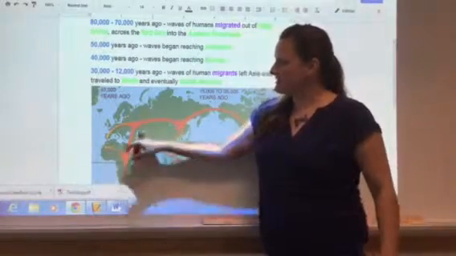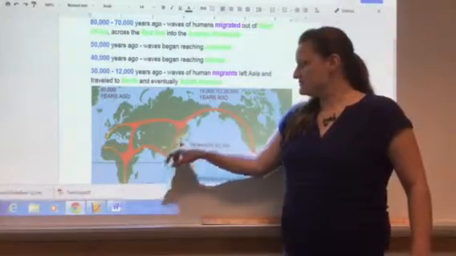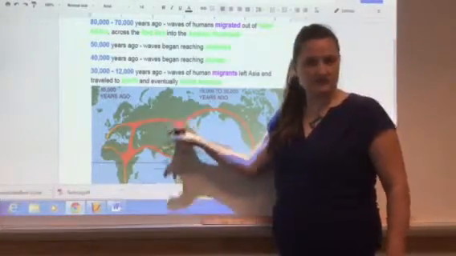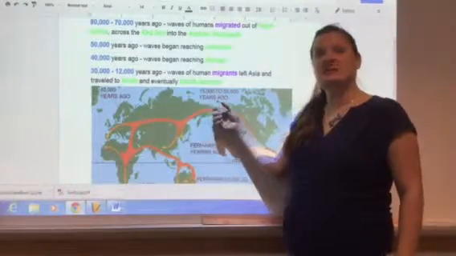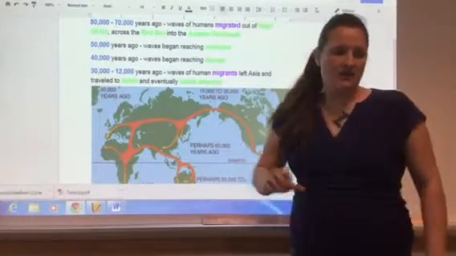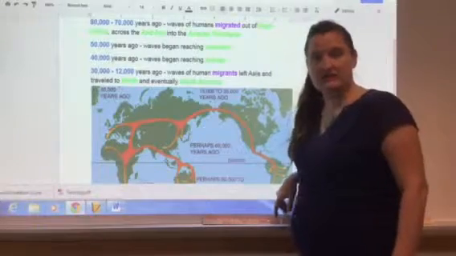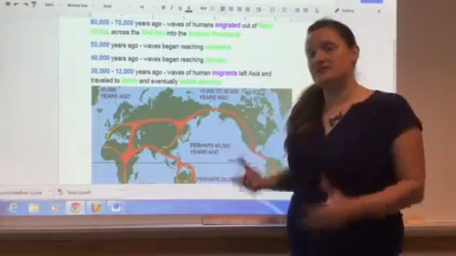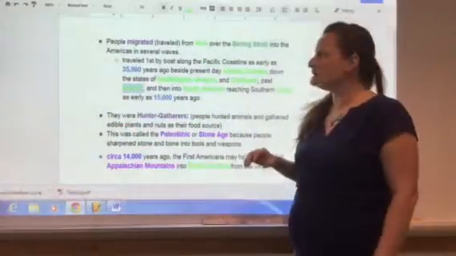Then about 40,000 years ago, we made our way into Europe. We made our way into Asia about 40,000 years ago as well. And then about 35,000 years ago, we started migrating into North and South America. We made it all the way to the southern part of Chile as early as possibly 15,000 years ago, which is much earlier than we originally thought.